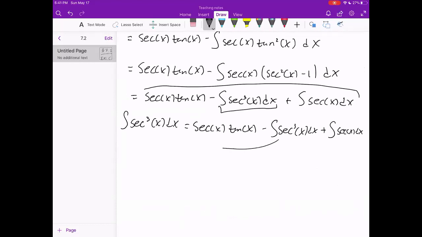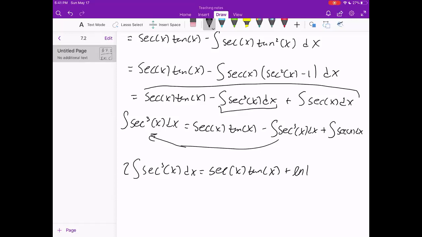So if I move this to this side, I'm going to get 2 times the integral of secant cubed of x dx is secant of x times tangent of x. And now this integral of secant of x is, well, I've written it down up top, ln of the absolute value of secant of x plus tangent of x plus your arbitrary integration constant.